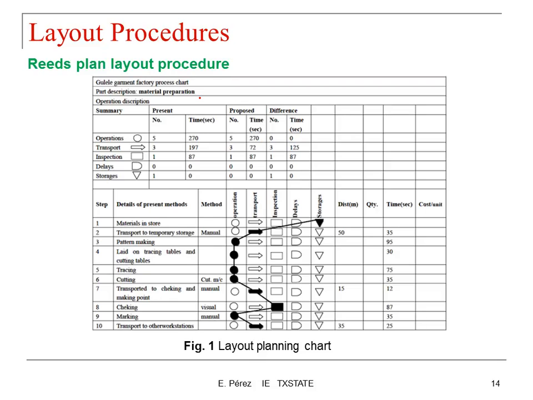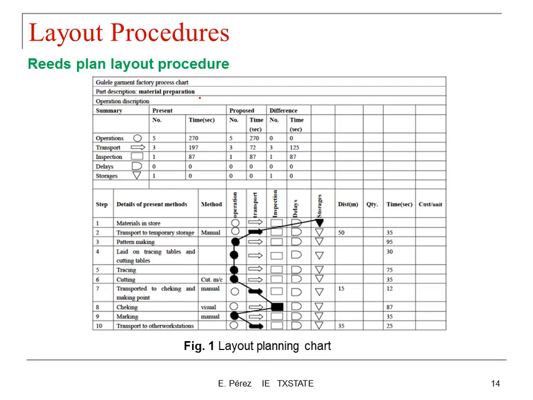So fields in store, transport to temporary store, pattern making, and so on. And then you're going to list the method, so if it's a manual operation or not, and then you use this symbol to identify if that step is an operation, transportation, inspection, delay, or storage.